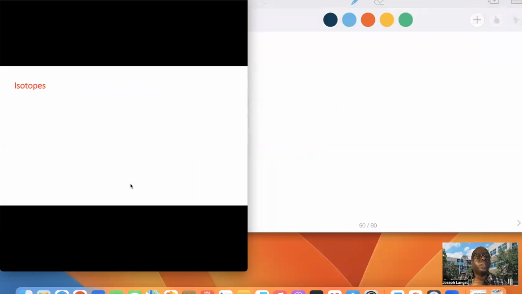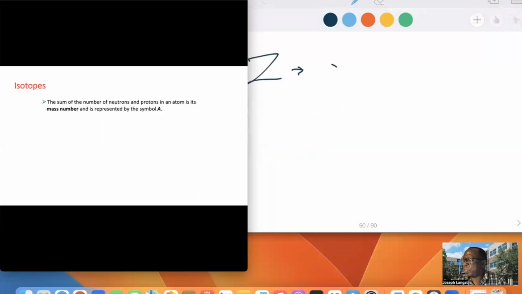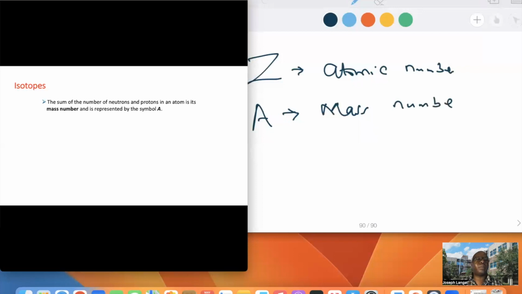All right. So let's see how the sum of the number of neutrons and protons gives us what we call the mass number. Remember, Z stands for atomic number, and A is the mass number. We call that the mass number. So mass number is given by the number of protons plus the number of neutrons.